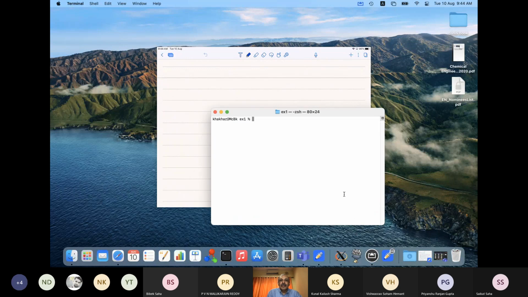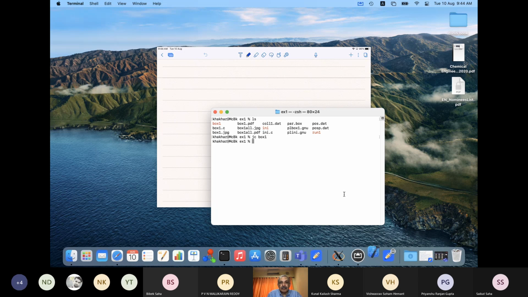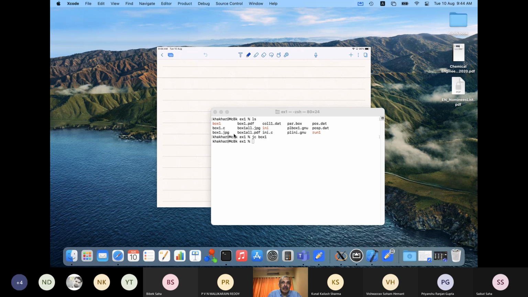Now, this I showed you last time. I don't know how many of you are familiar with all this, but the program is written in C, and it's called box 1. This is the program which I showed you.